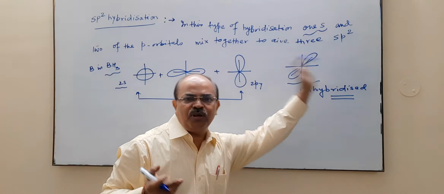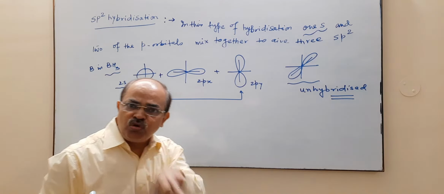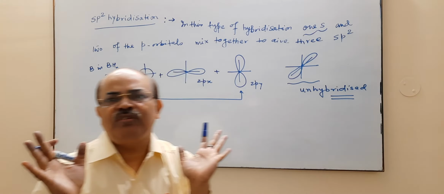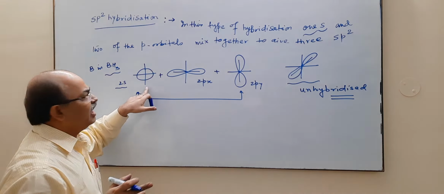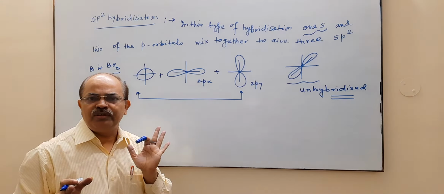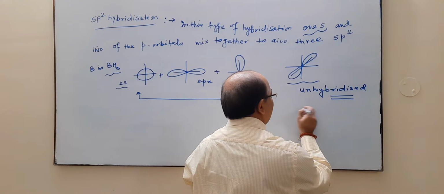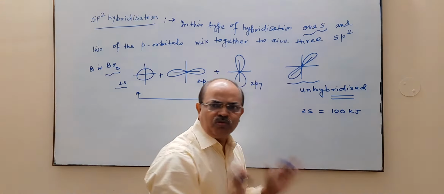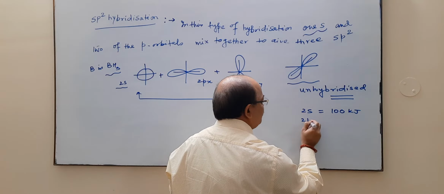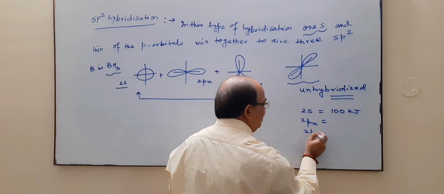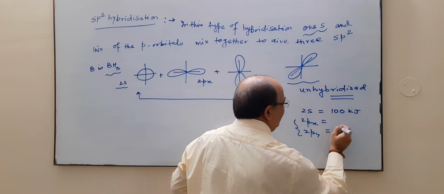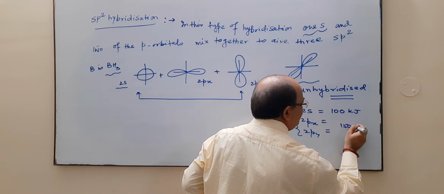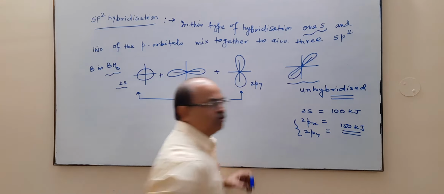Then your 2px will be unhybridized, because you know all the 3 p orbitals are of same energy. But its energy will be different and the energy of these will be different. Suppose you say that sir, the 2s orbital has an energy of 100 kilojoule, and 2px, 2py, 2pz, whichever, let us suppose the energy is 150 kilojoule.